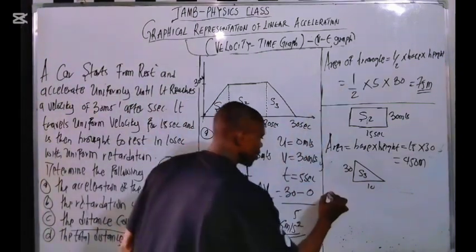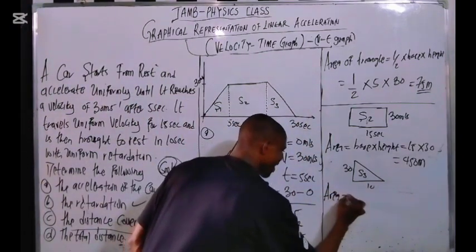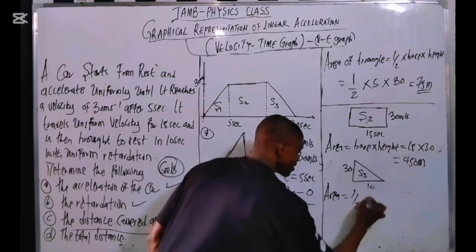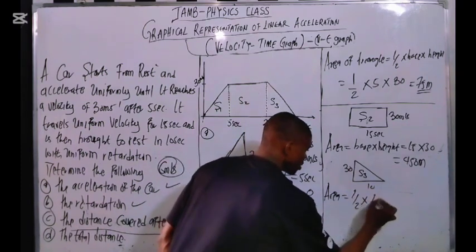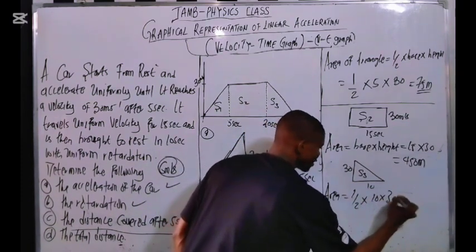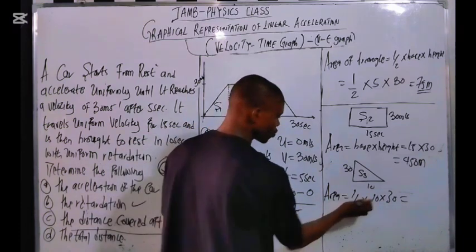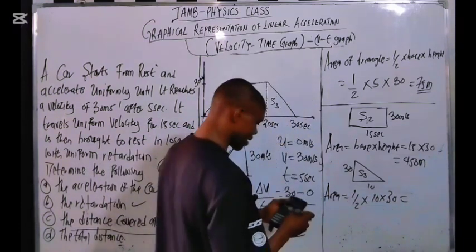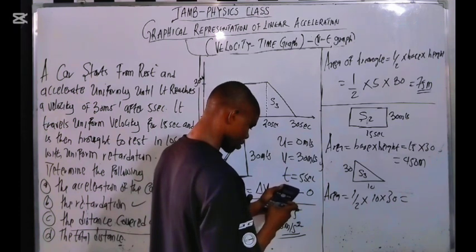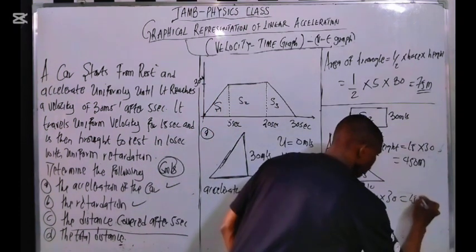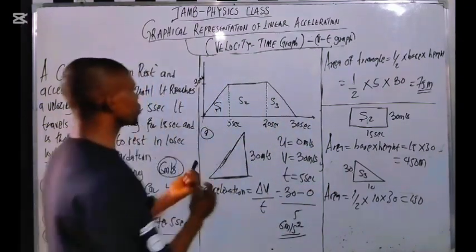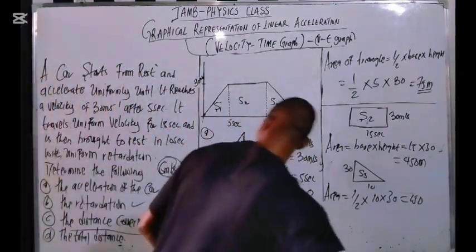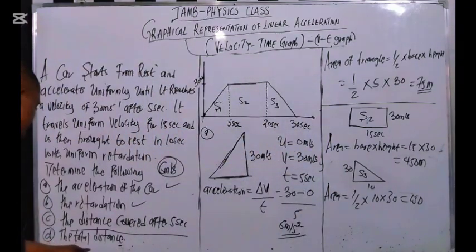Area equals half times the base 10 times the height 30. Half of 10 is 5, 5 times 30 is 150.